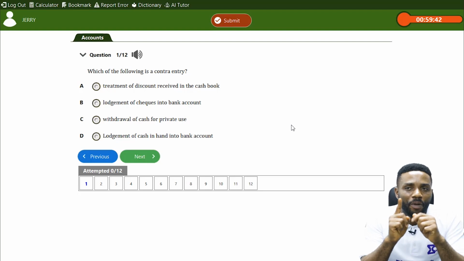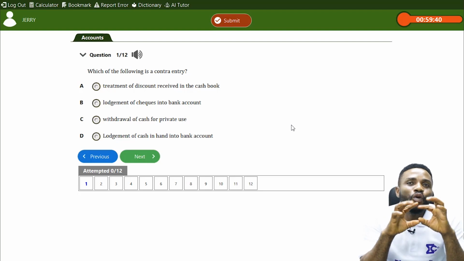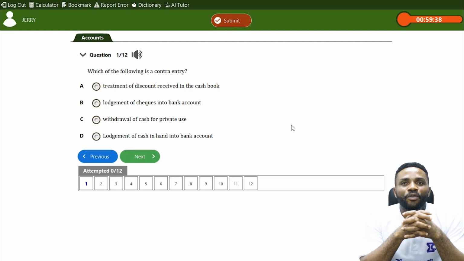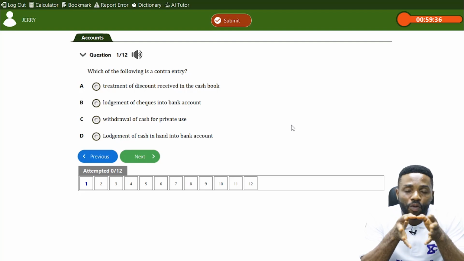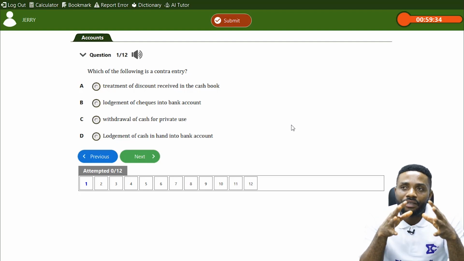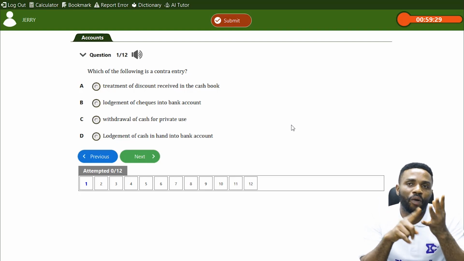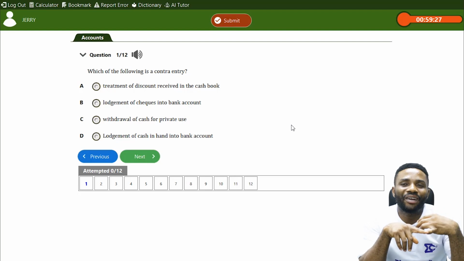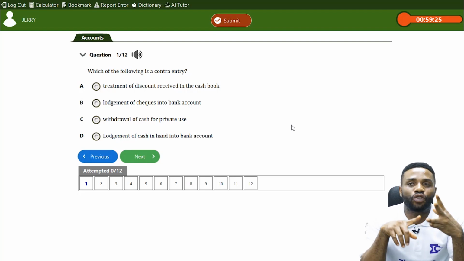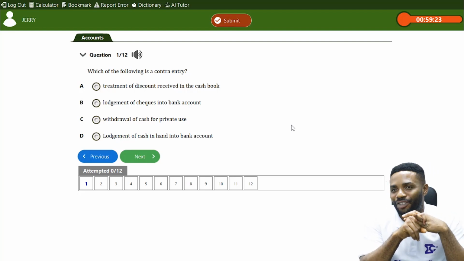But I want to mention something, that in the whole of accounting, for under this particular scope, at the secondary school level, we have just 2 forms of contra entry. Number 1, the one that you can see under control account. Number 2, the one you can see under cash book.